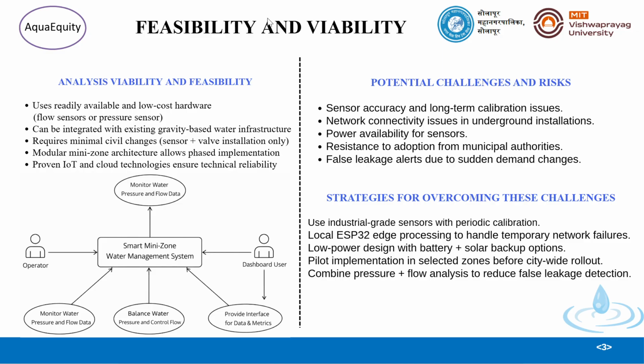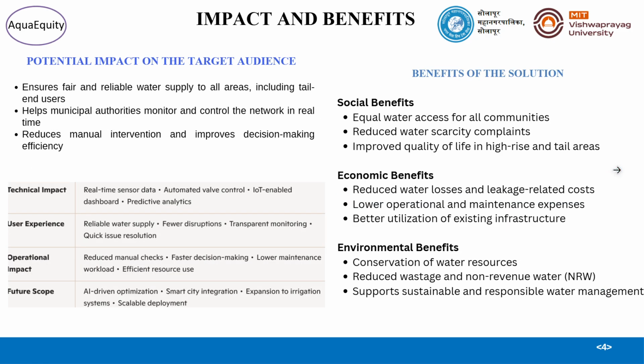Strategies to overcome these: industrial-grade sensors with periodic calibration, local ESP32 edge processing to handle temporary network failures, and a low-power design with battery. We can further innovate with solar backup or solar panels, integrate AI for more reliability and proper output, and use combined pressure and flow analysis to reduce false leakage detection.